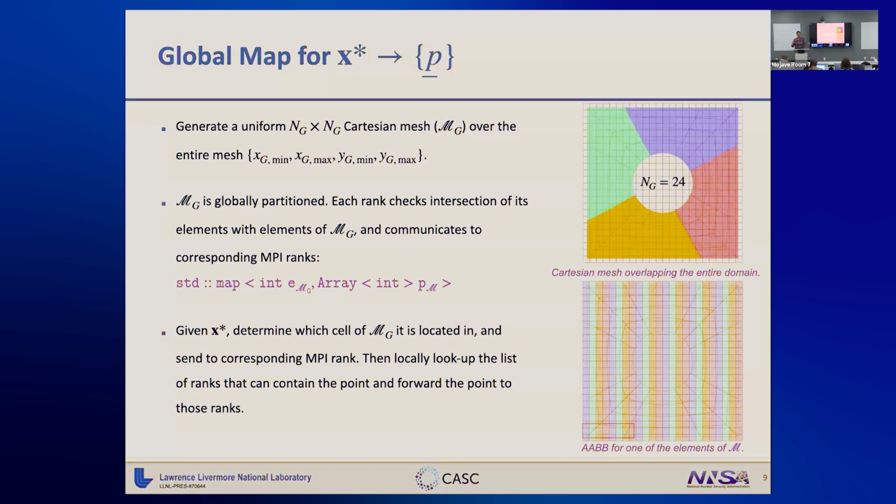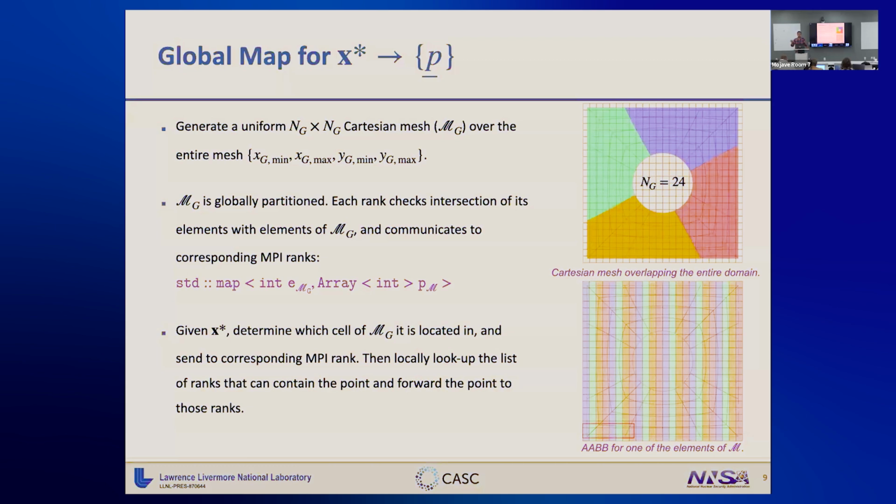But instead of saving the element indices of high order meshes, we just save the processor numbers or MPI rank index, right? And now you basically have this globally partitioned map that can take you first to the correct MPI ranks, and then you can use the local ranks to get the list of elements. And from there we go to the bounding boxes.